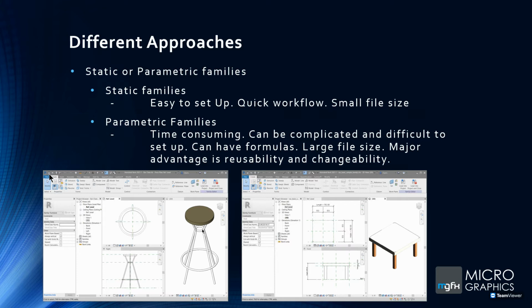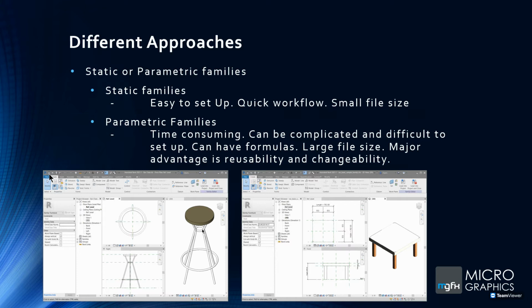One is a static approach, and the other is to build in your parameters and make it stretchable. Before we get into the parametric one, static families are created as is, and then you use them as is. There are no parameters to change the heights, widths and whatever with. A lot of people use that, and there's nothing wrong with it.